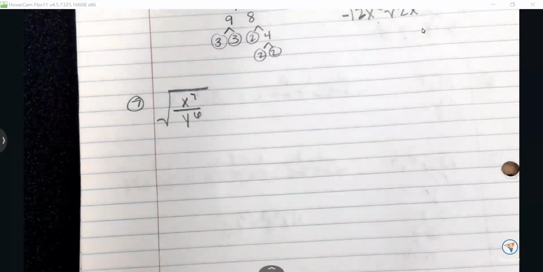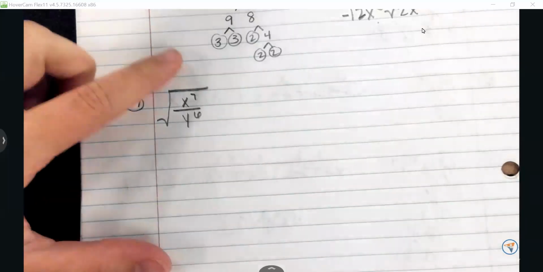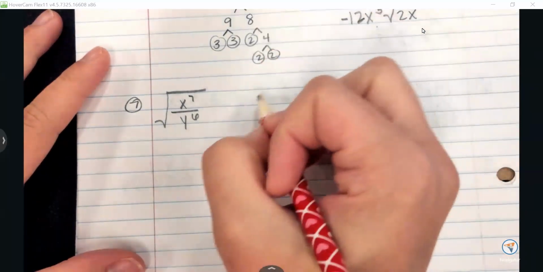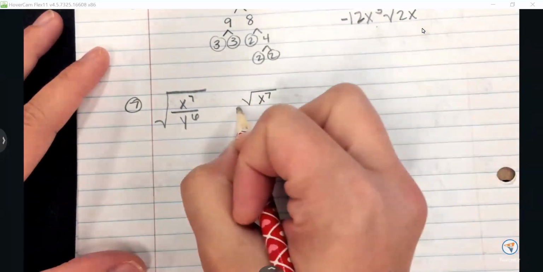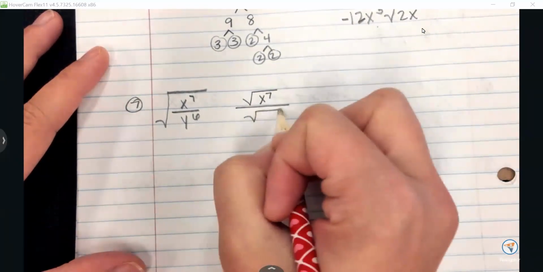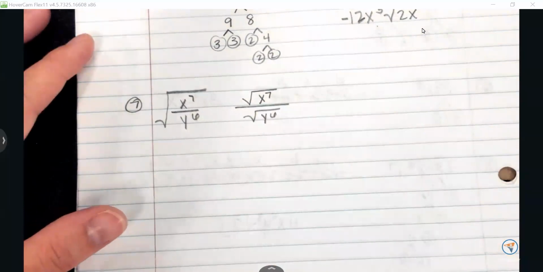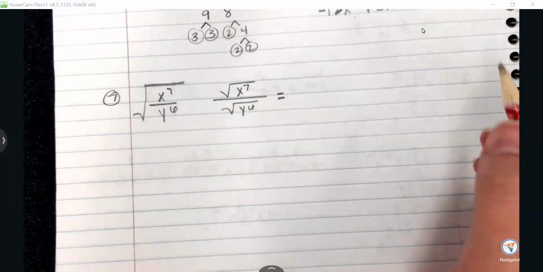So if you don't have any perfect squares, then ask yourself, can I reduce the fraction? Well, this fraction can't change because there's nothing similar. So I can rewrite this as square root of x to the 7th over square root of y to the 6th.